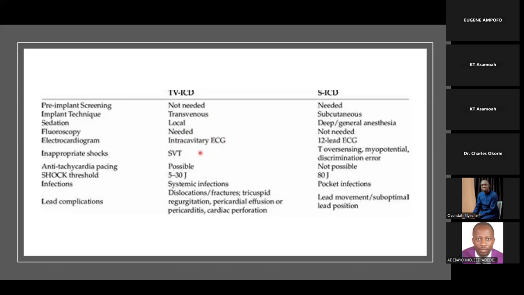Transvenous ICDs may give you inappropriate shocks from far field sensing, as you'd see in an SVT, whereas subcutaneous ICD may end up sensing the T wave as a ventricular complex and may also identify myopotentials and therefore may give inappropriate shocks. Transvenous can do antitachycardia pacing, subcutaneous cannot. Transvenous does lower energies than subcutaneous, and transvenous ones have a higher risk of systemic infections as compared to subcutaneous ICDs.